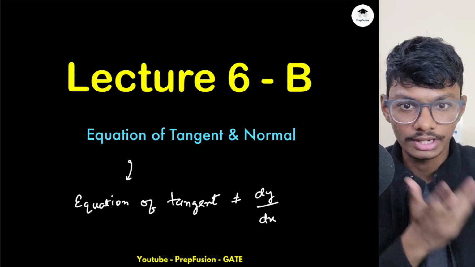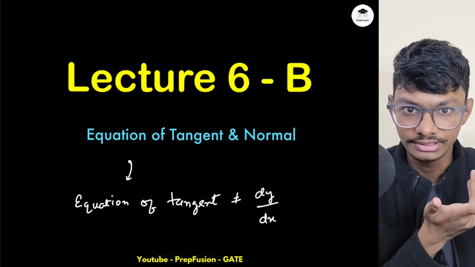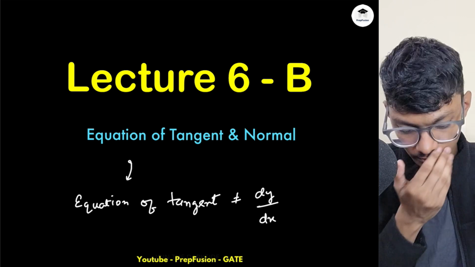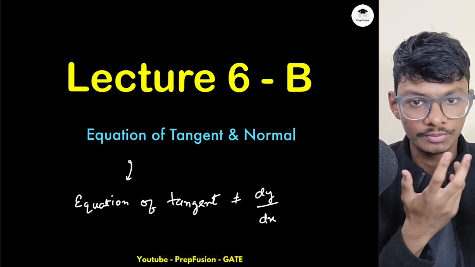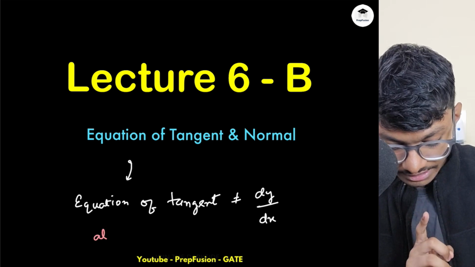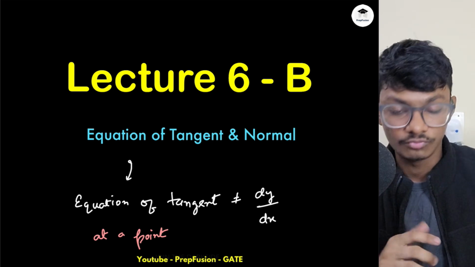Now you might say, sir, what are you saying? Because tangent means dy upon dx, right? And that was a function with respect to x. But you are saying equation of tangent is not equal to dy upon dx. The important point to note here is equation of tangent at a point. Okay, so what do I mean by this?